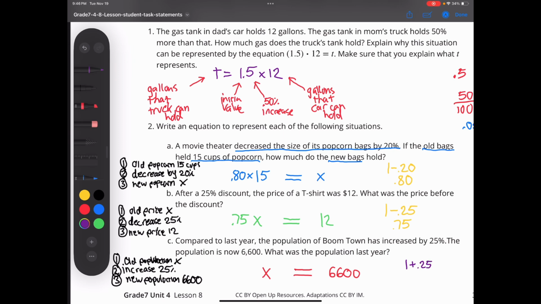And if the 1 plus, 1 minus is a little confusing, go back to the interest and depreciation part of the video and play around with those numbers. Because if you're increasing, it's 1 plus the percentage, and if you're decreasing, it's 1 minus the percentage. So 1.25. And now you're going to take 1.25 of the old population. So 1.25x is 6,600. And that is the equation for increasing the population.